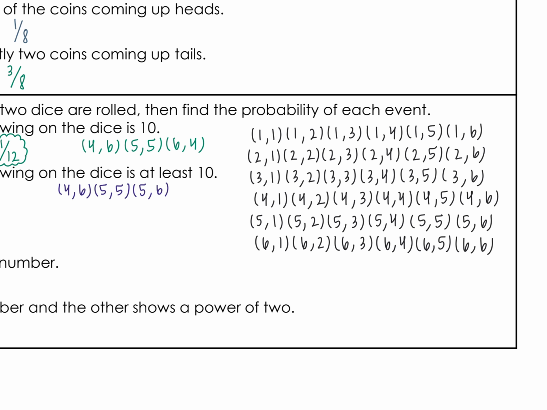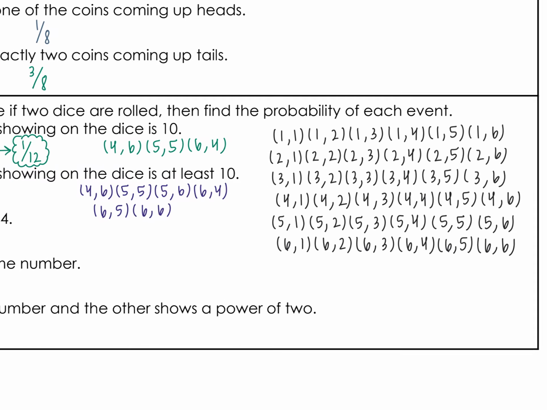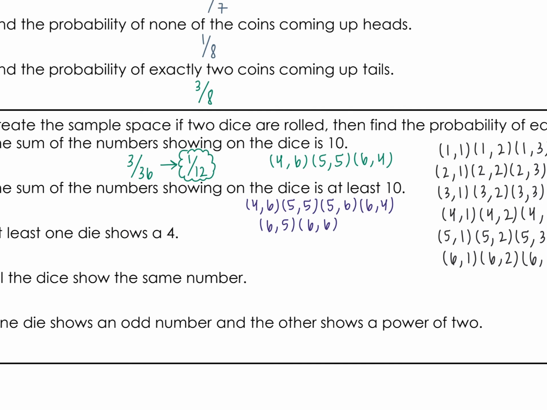And then we could start off with the 6, 4, and then get bigger with the 6, then getting the 5, and then my 6, 6. So that's going to give me 1, 2, 3, 4, 5, 6 options that will give me what I want over my total amount, which is that 36, to give me 1/6.